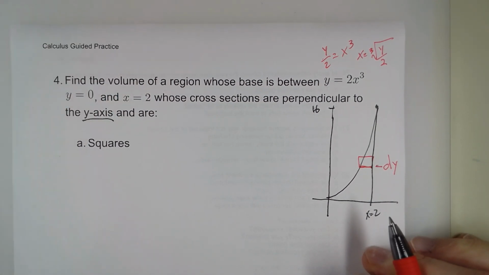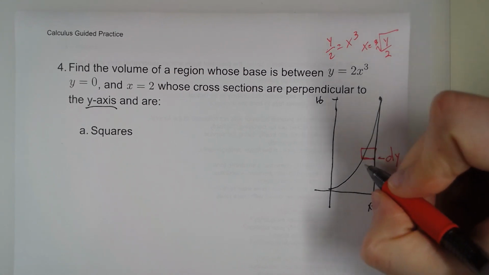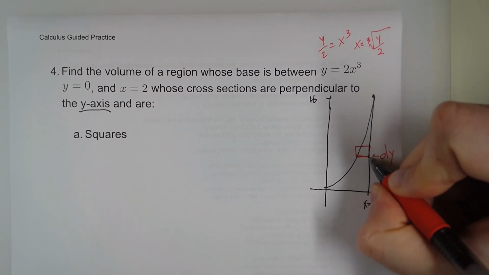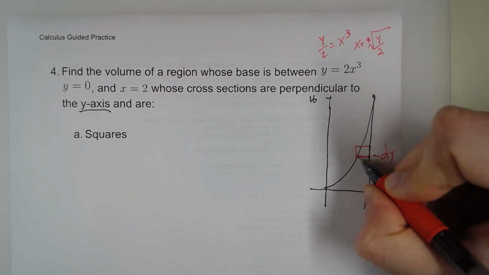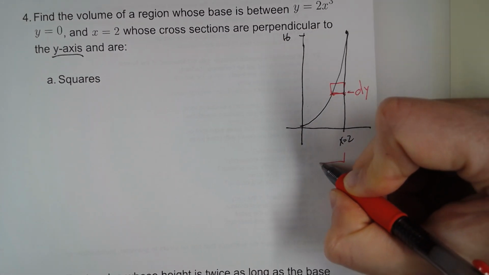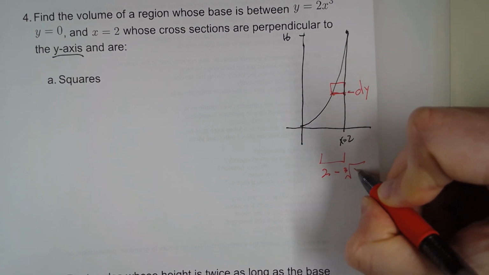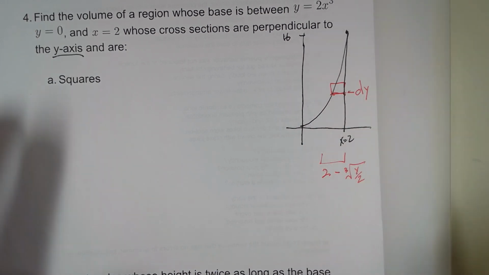So once it's got x by itself, now we can figure this out. And which of these is further away from 0? It's this one. So this is the quote-unquote bigger one. So it's 2 minus the cube root of y over 2. That's that length.